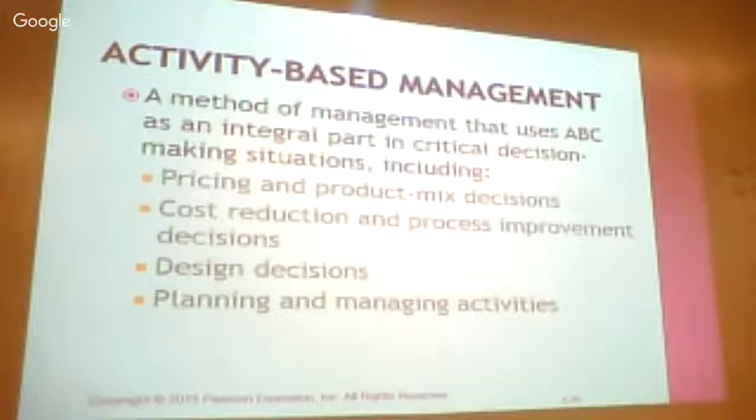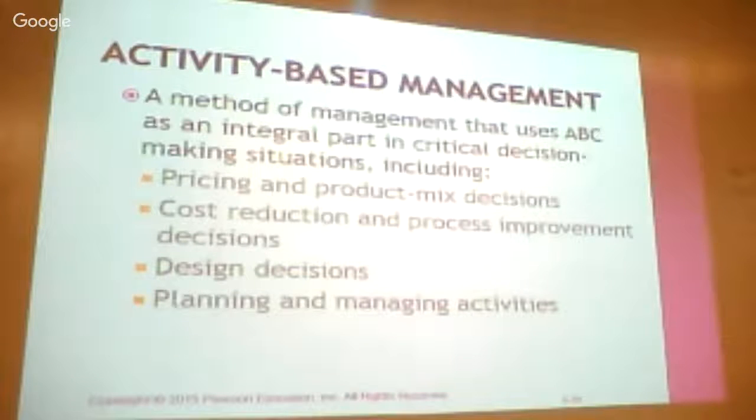In the cost reduction and process improvement decisions, we can determine, okay, well, now we know we're not going to produce as many complex lenses, so we can take those resources away from the complex, put them more onto the simple, and our results will get better.